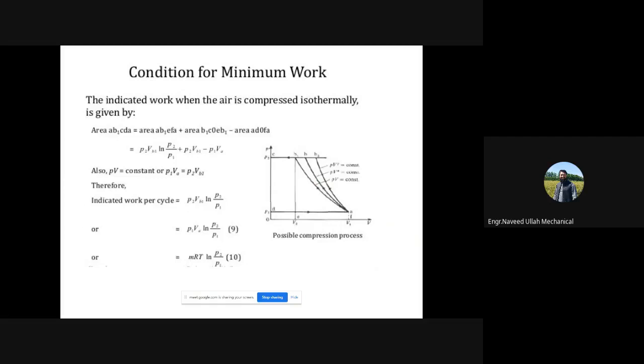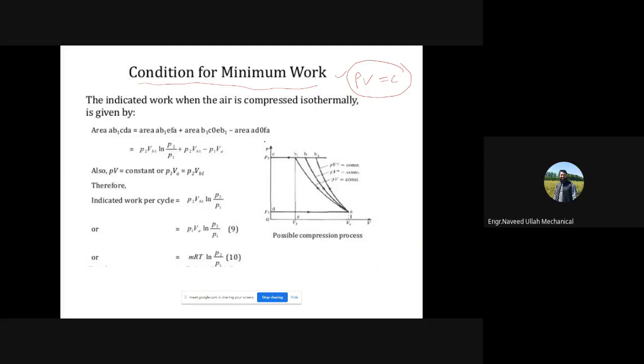So obviously we developed the formula for indicated work and similarly indicated power for the polytropic process. Now if you use the condition for minimum work, meaning the isothermal process, ठीक है, then what will be the work consumed by the compressor?